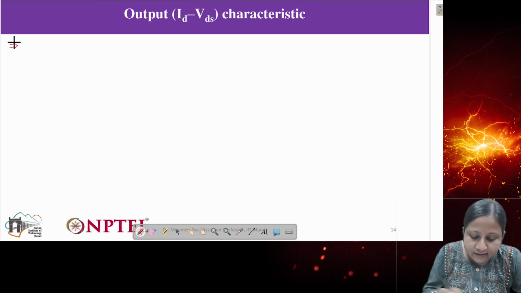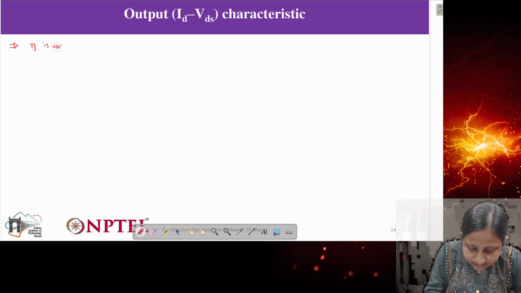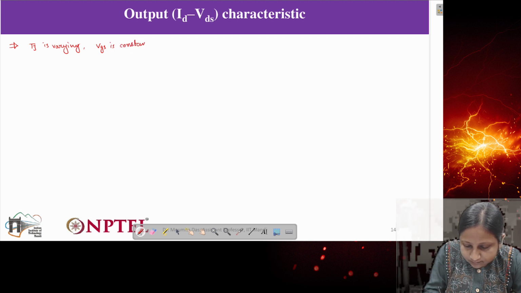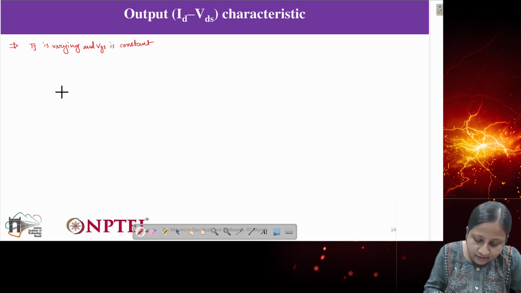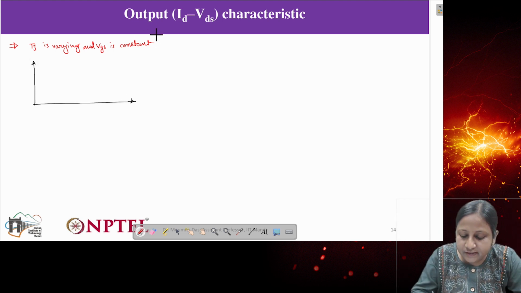In this case, temperature Tj is varying, and VGS is constant. So we get ID versus VDS characteristics. Now how will this characteristic look? We consider VGS constant and positive.